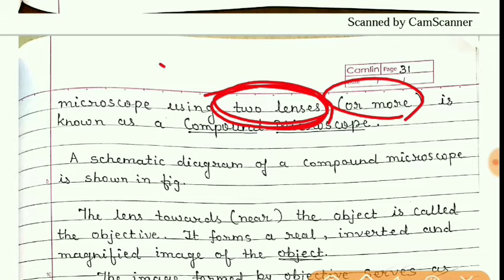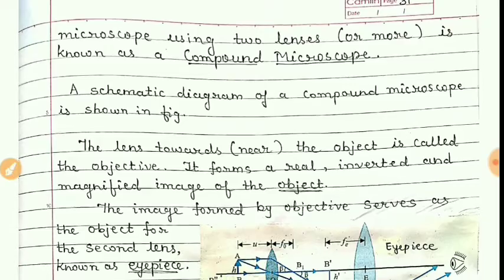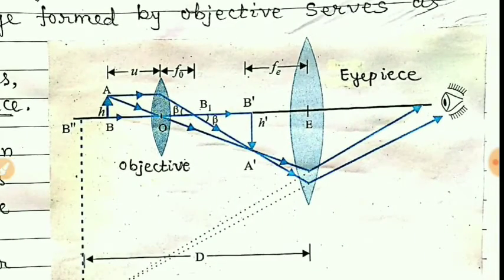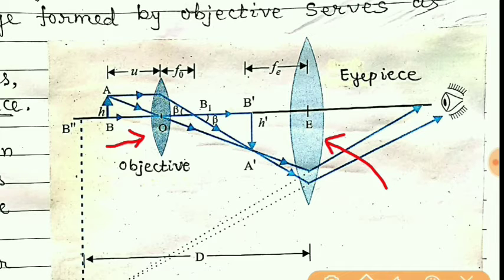With the help of two lenses we can get even larger magnification. Here you can see a figure of a compound microscope. You can see there are two lenses. Here this is the first lens and this is the second lens.